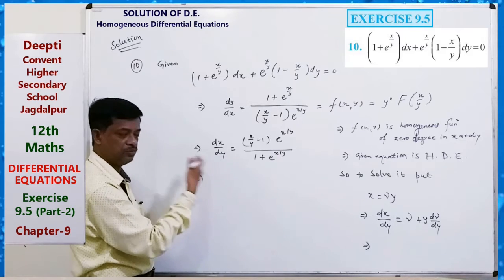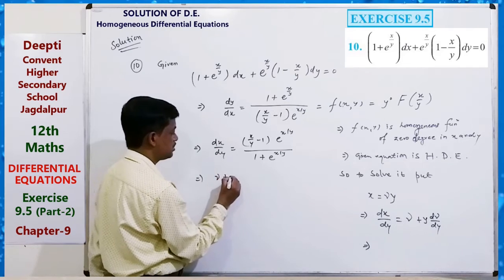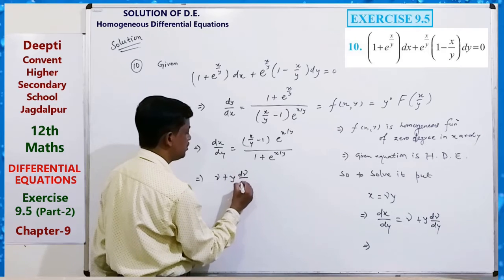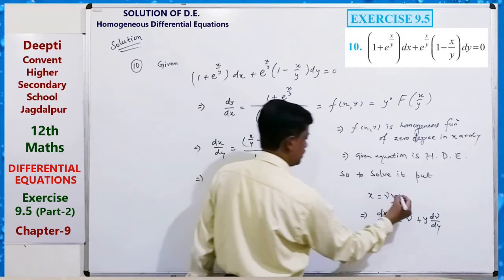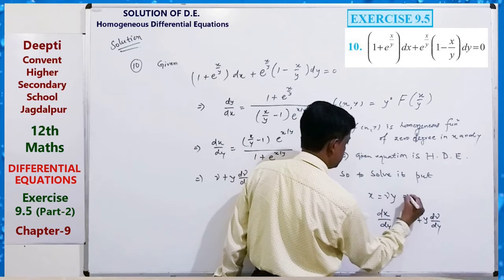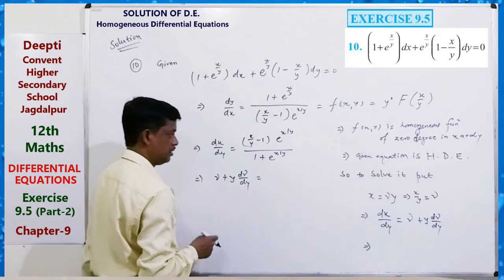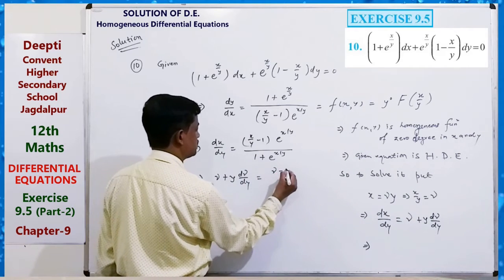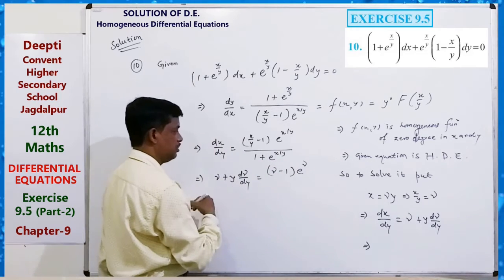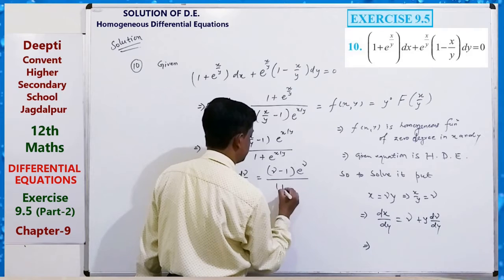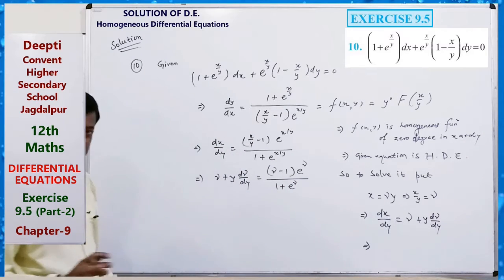Just put the value of x and dx/dy: v + y dv/dy equals, since x/y equals v, (v - 1) e^v / (1 + e^v). Clear?